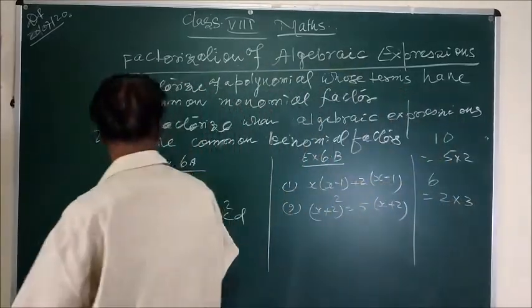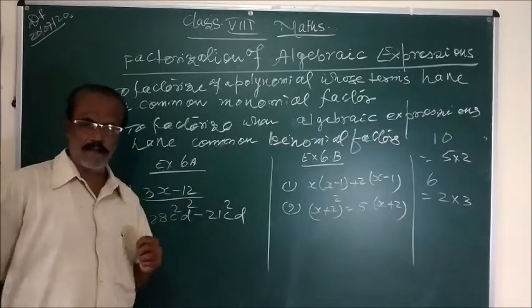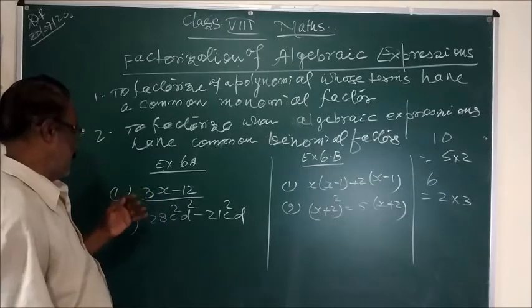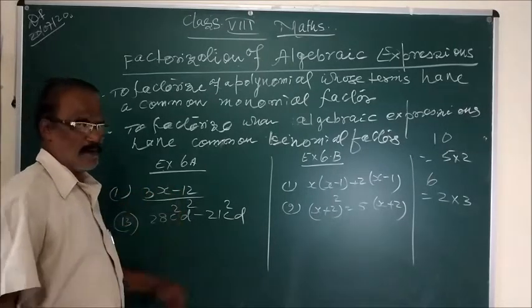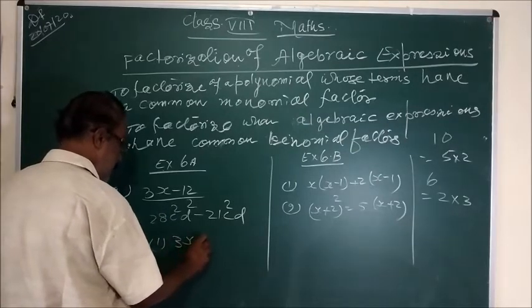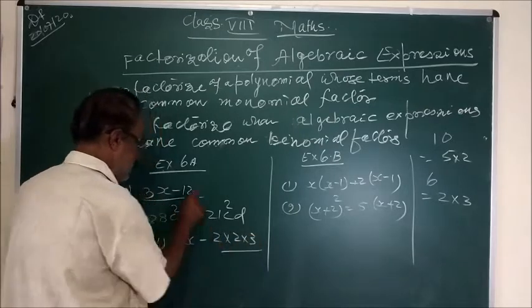Now you see question number first of 6-8. 3x minus 12. Now you see, if you see very simple way, so there is no common. But if you factorize 12, then you will get 2 into 2 into 3. These are the factors of 12.